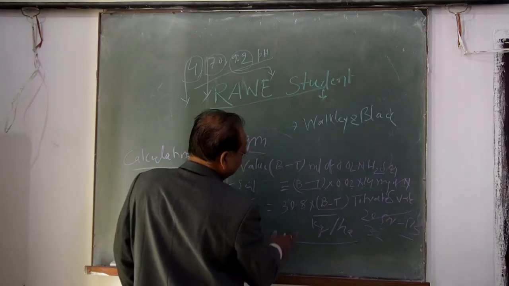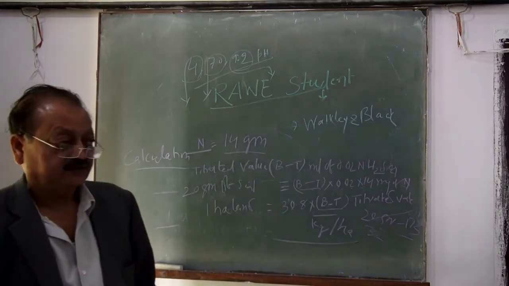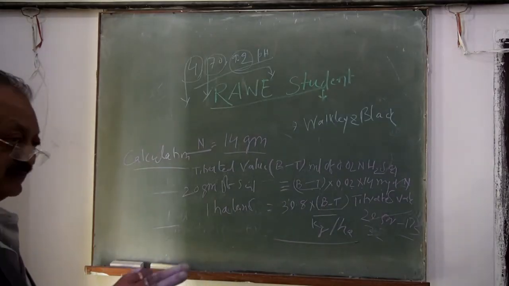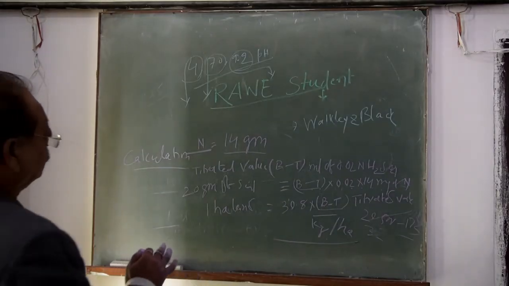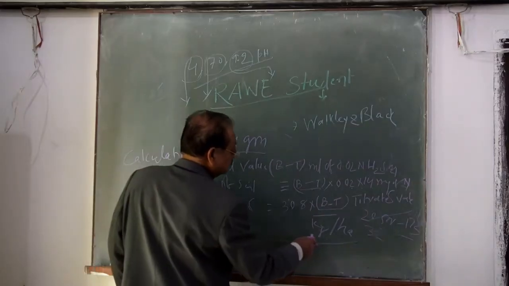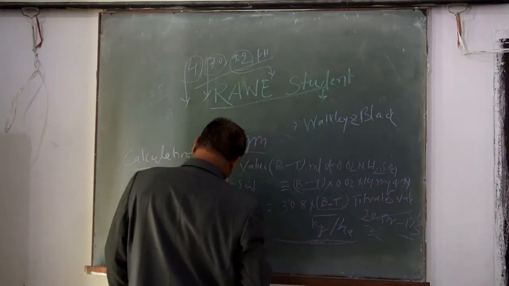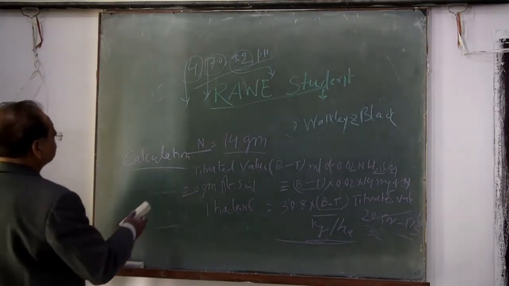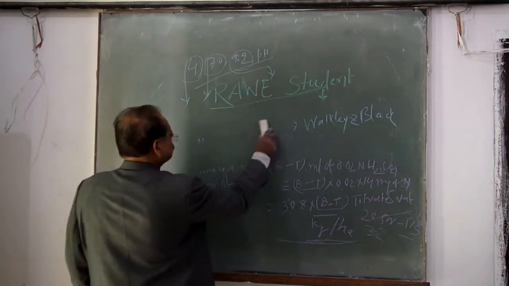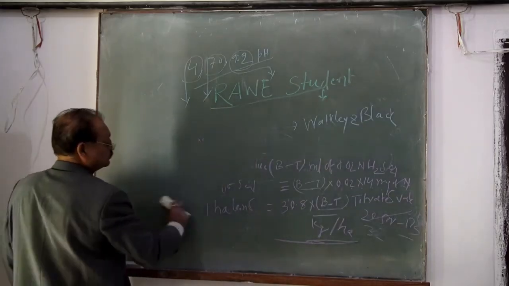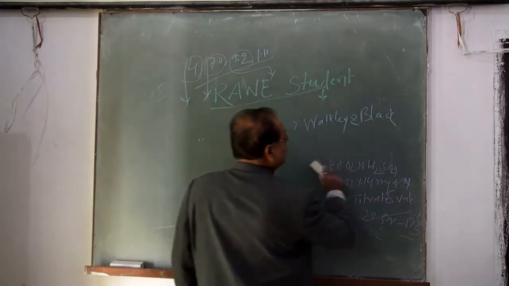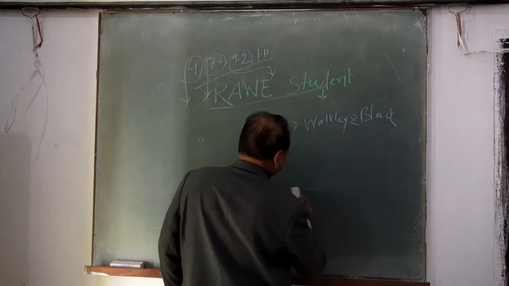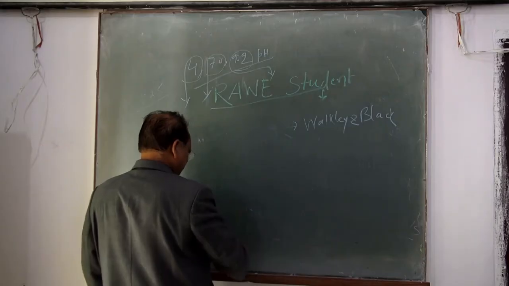Whatever the value comes, this much kg of nitrogen is present in the soil, and the value will come in kg per hectare. Okay, so this is all about the determination of nitrogen, organic carbon content of the soil, pH of the soil and EC of the soil, electrical conductivity of the soil.